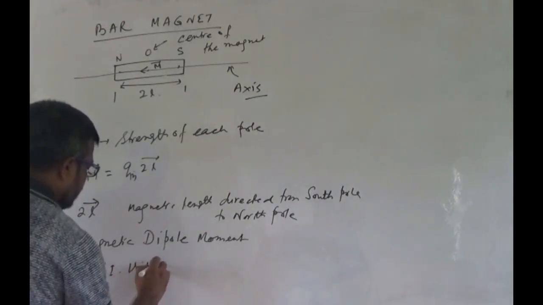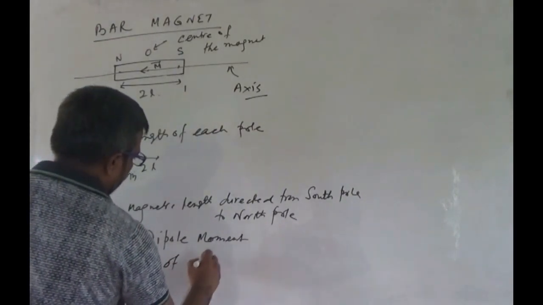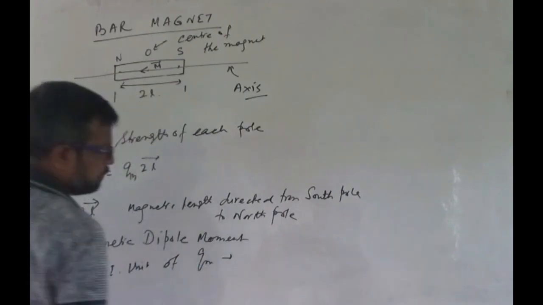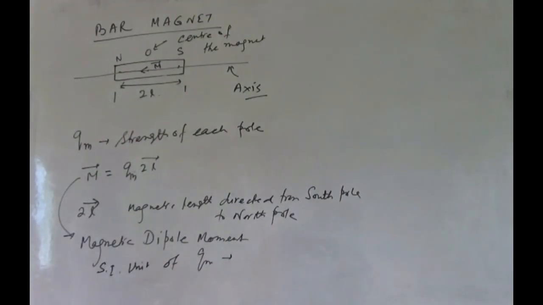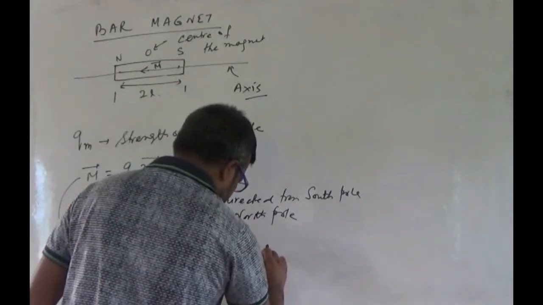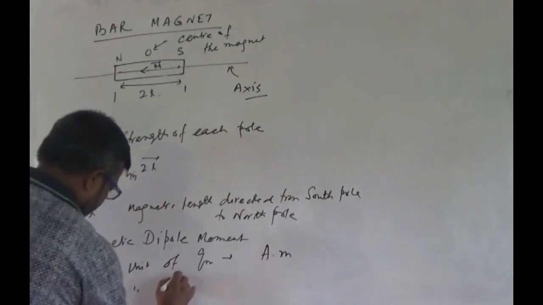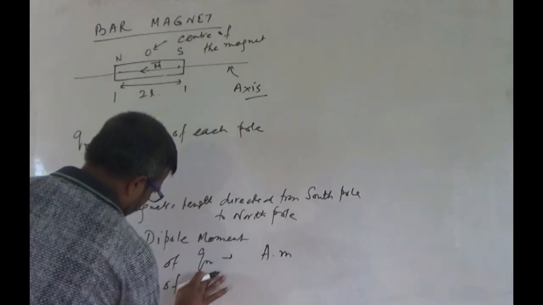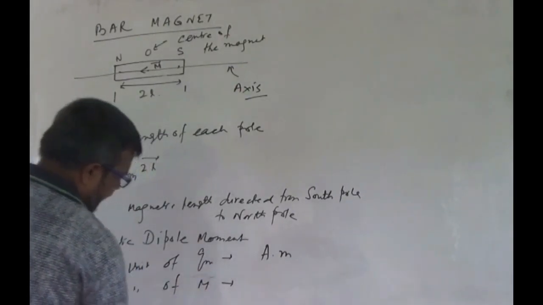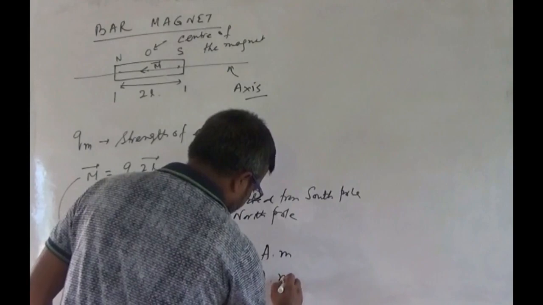The SI unit of pole strength, that is Qm, is ampere meter, and the SI unit of magnetic dipole moment is ampere meter square.